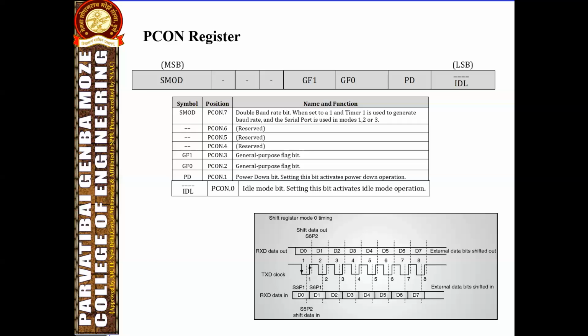Mode 2 supports full duplex transmission with 11-bit asynchronous communication. Whenever there is a change in the data, 1 is transmitted, otherwise 0 is transmitted. Such an operation is called non-return to 0 operation.